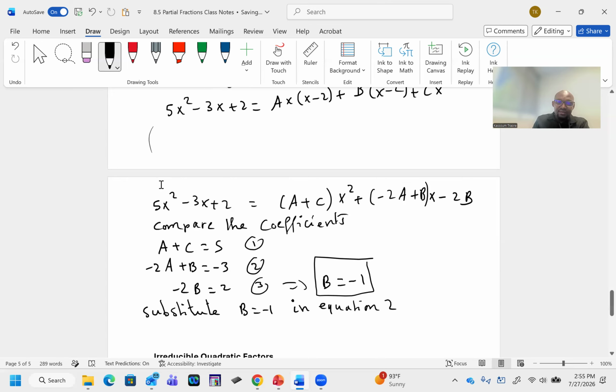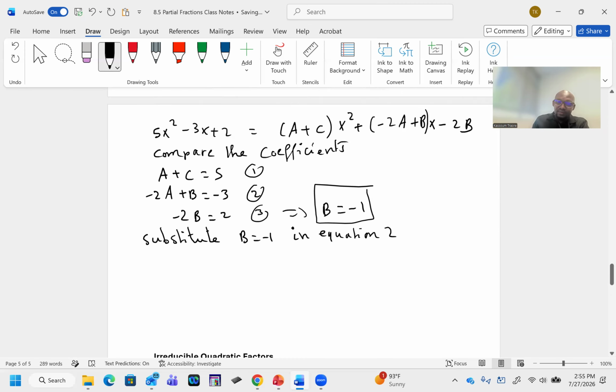So we will have negative 2a minus 1 is equal to negative 3. Solving for a, we get a is 1.